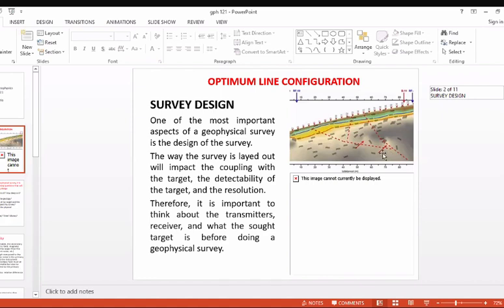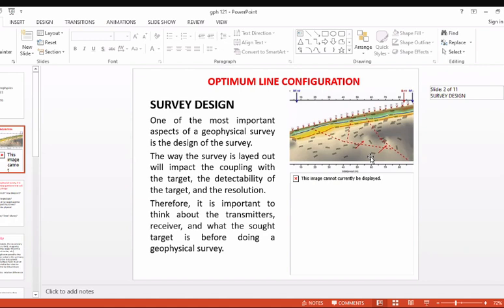And here you can see two arrows. Can you see two arrows? Can you see they seem to be perpendicular? So whenever we want to establish our survey lines, our survey lines must always be established perpendicular to what we call the geological strike.